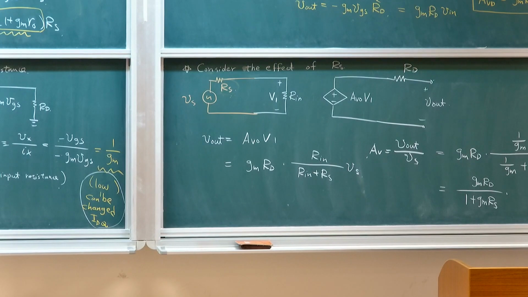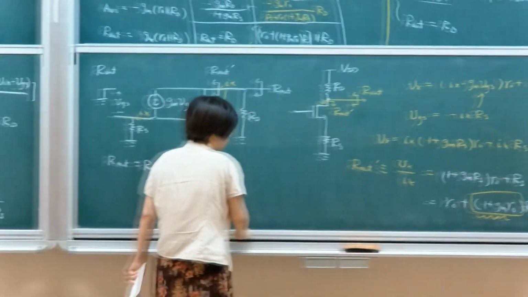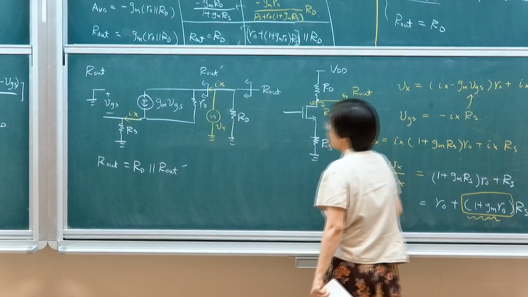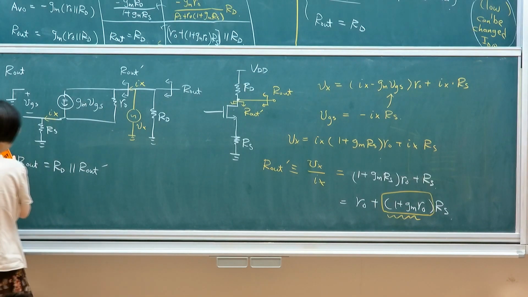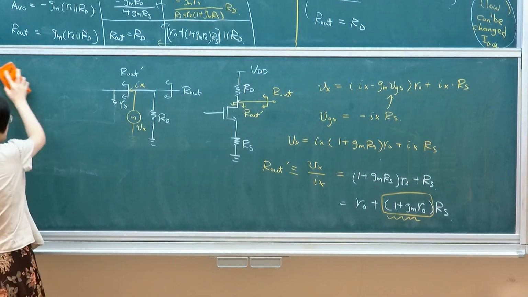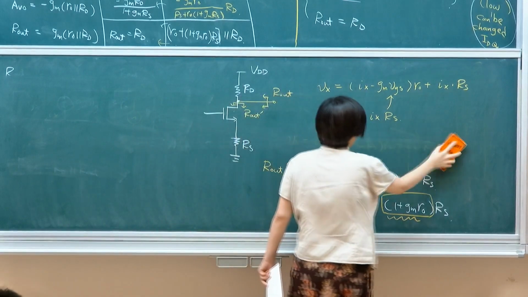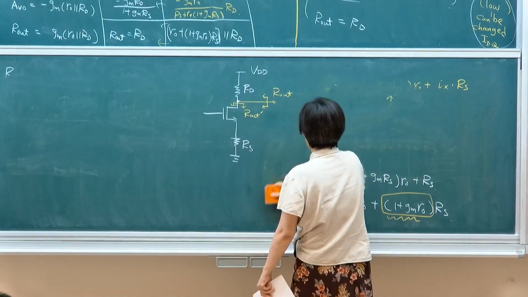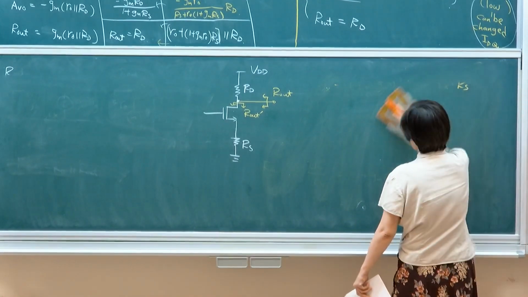Okay? So we have to look at the complication when RL is being included. We will need to address this. The main reason why we need this type of understanding is because the common gate stage is not often used on its own as an amplifier.